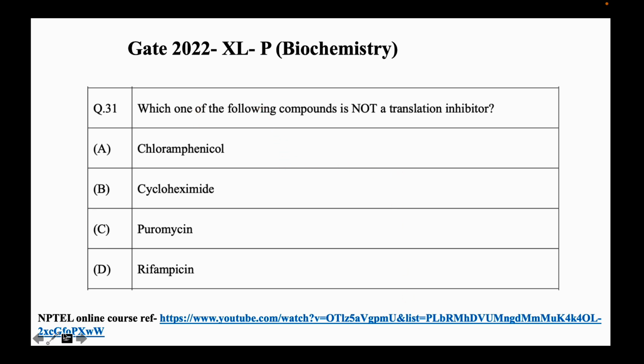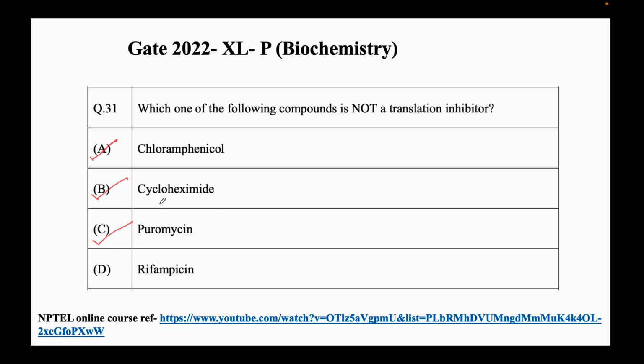So as we went through, chloramphenicol binds to the 50S subunit. Okay, so this is also inhibiting translation, right? Cycloheximide, eukaryotic translational inhibitor, right? It inhibits peptidyl transferase activity in eukaryotic ribosomes. Puromycin is also a translation inhibitor, right?